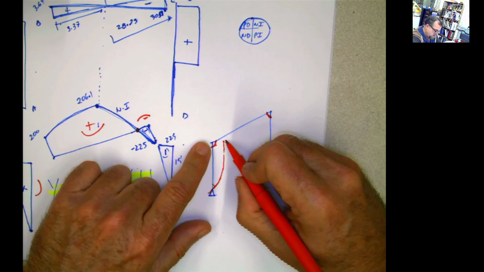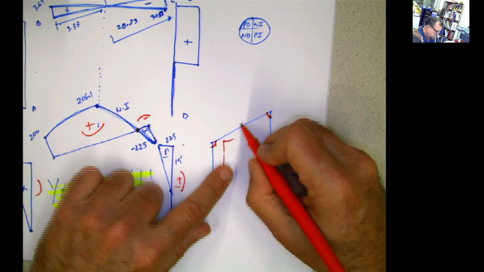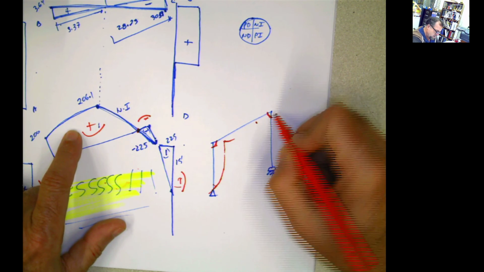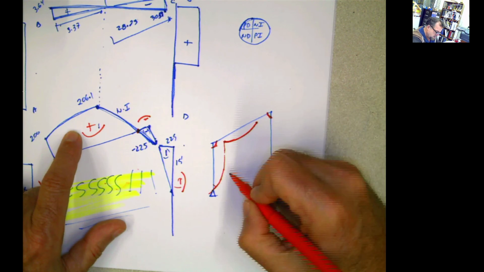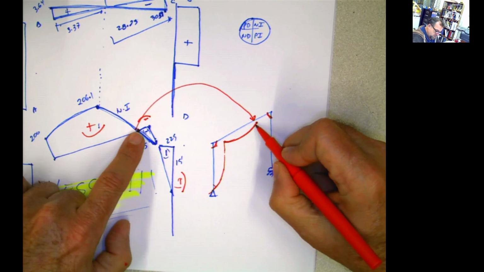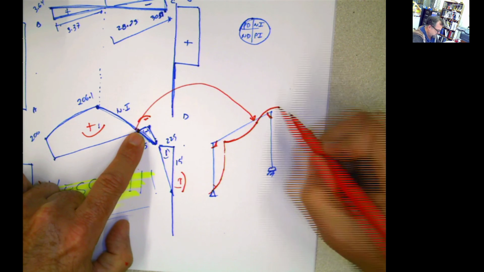Now, to maintain this angle, this has to go, once again, this is positive up to this point, let's say, and then it switches to negative. So this portion is going to be like that, and then here it's going to switch to negative, like that.